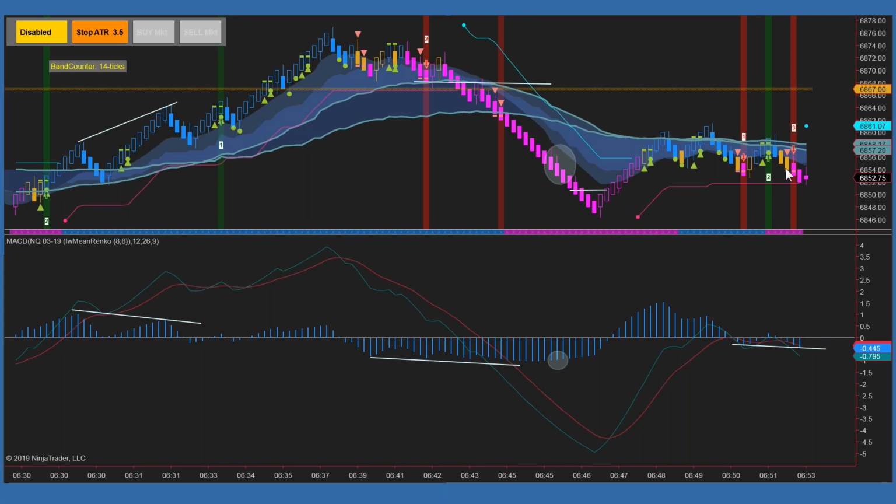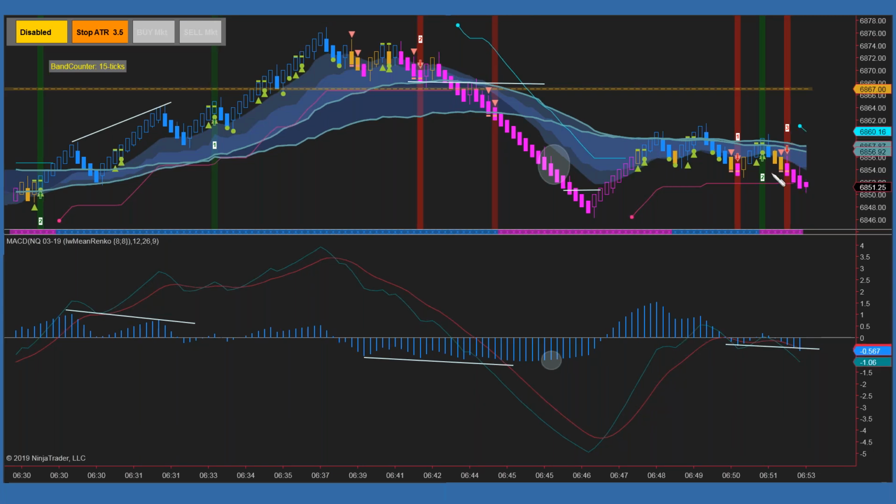And so here now we have the opportunity to get short. So we're in here, initial stops probably up here somewhere, and our profit target somewhere down here. And that's kind of based on the building momentum.